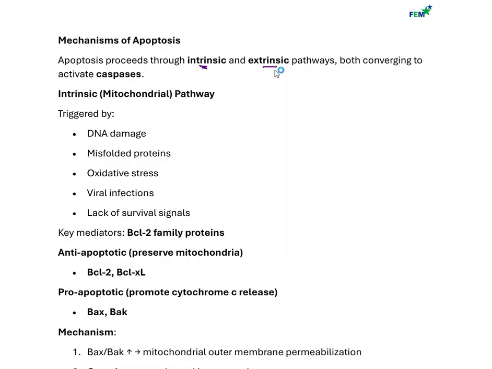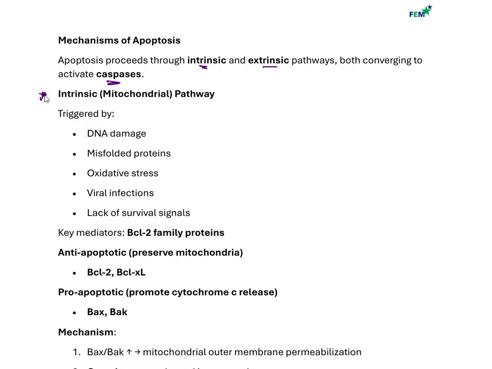But regardless of either intrinsic or extrinsic, there is one goal. The goal of apoptosis is to activate caspases, and those caspases are what's going to do the what? Execution of those cells.